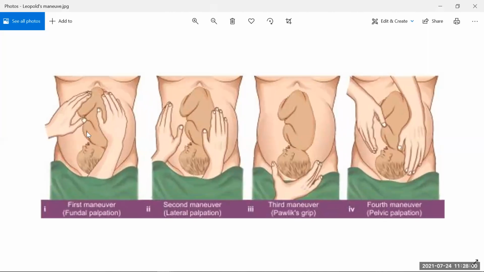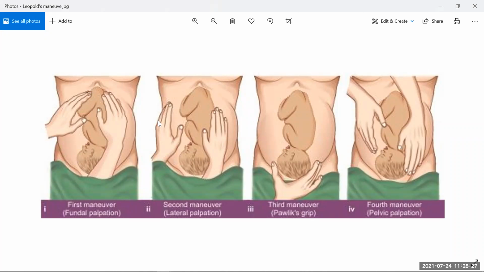The first maneuver is fundal palpation. Put your hands near the fundus, side by side, and feel what exactly the presenting part over the fundus is. This is how you appreciate that these are the buttocks.